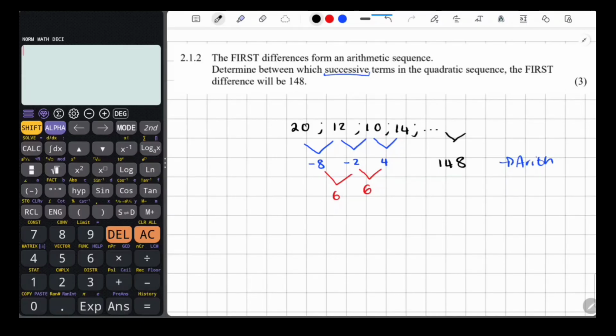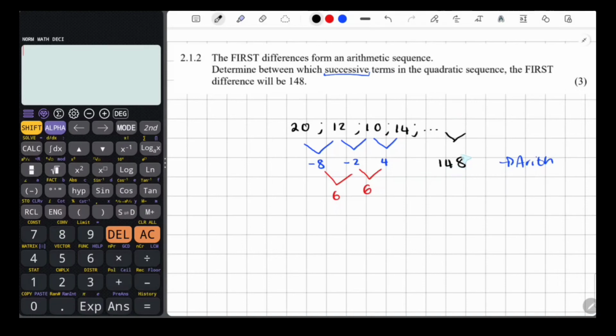Okay, so to understand this, first find out which term exactly in the arithmetic pattern is equal to 148. And when we find that, we'll be able to figure out between which two terms in the quadratic pattern this is speaking about.